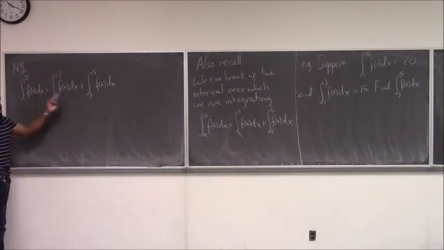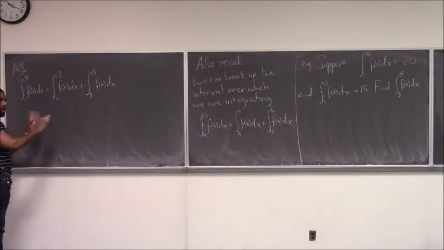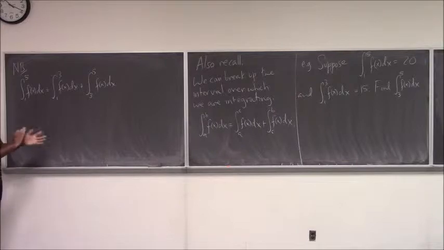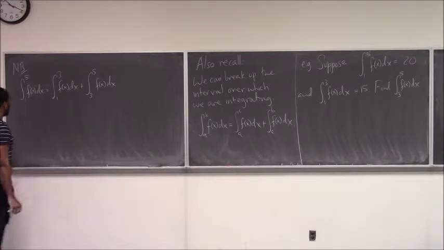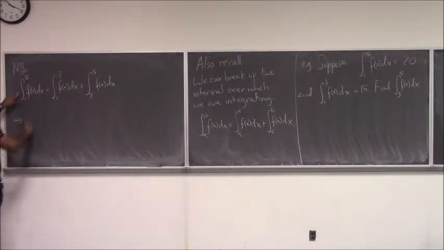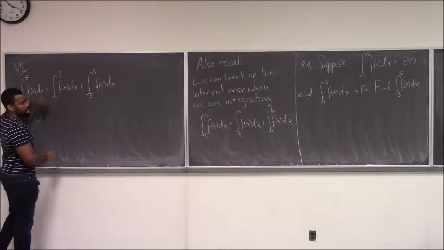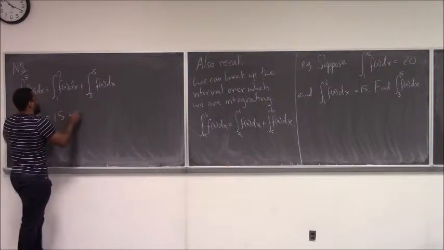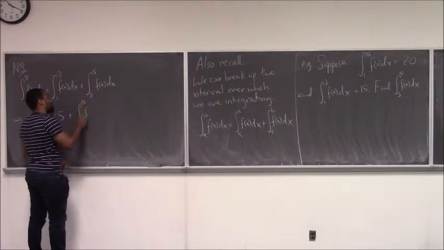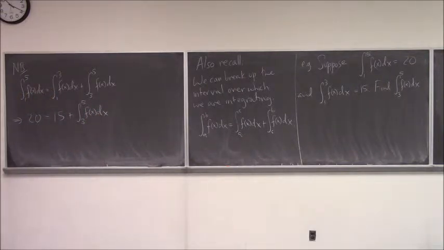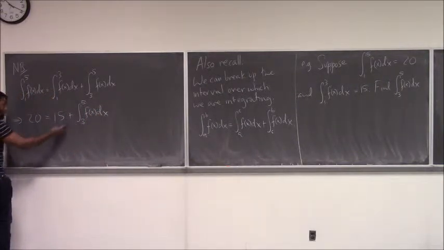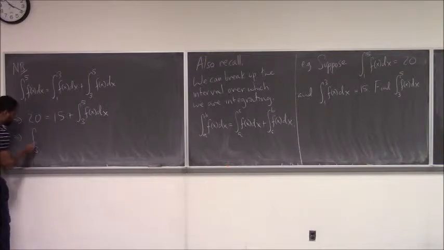But basically, you can talk about the function at different regions, talk about the areas at different regions, and paste them together according to this formula. And so that might help you figure out some unknowns. So knowing that this guy's 22 and knowing that that guy's 15, I can figure out what this guy is without actually knowing about the function itself. I can know about the area under the function. Of course here, subtract 15 from both sides, it's going to be 7.